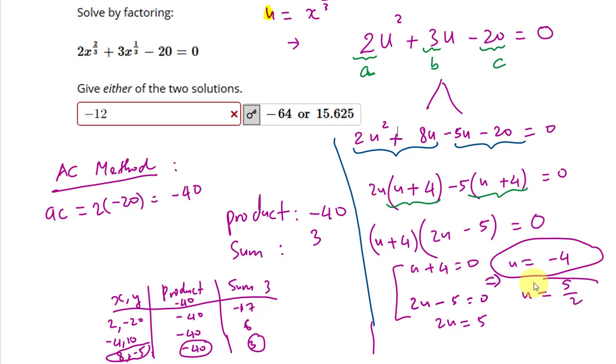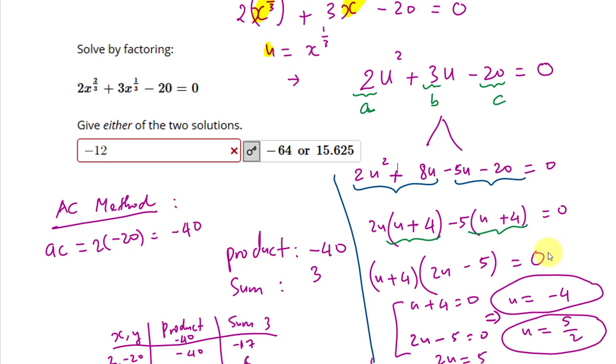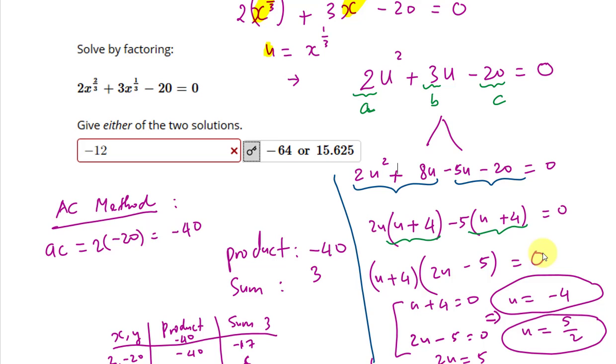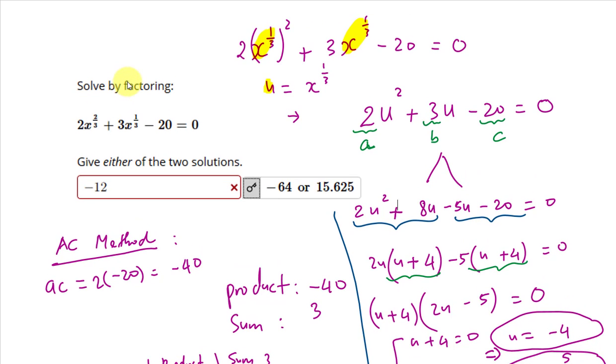You got two different answers: u equals -4 and u equals 5/2. Now go back to the original problem. We are not looking for u. You are given x, so at the end of the day, you have to rewrite everything back in terms of x.